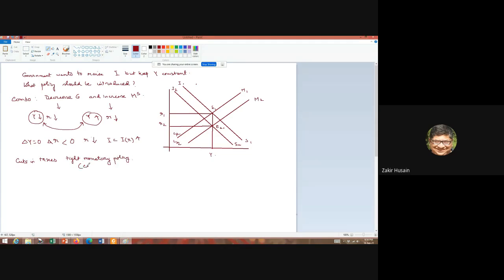So this is basically a contractionary policy, and this is expansionary. Cuts in taxes mean demand will go up, but this is tight. The economy is kept under control. What should have happened in this case?